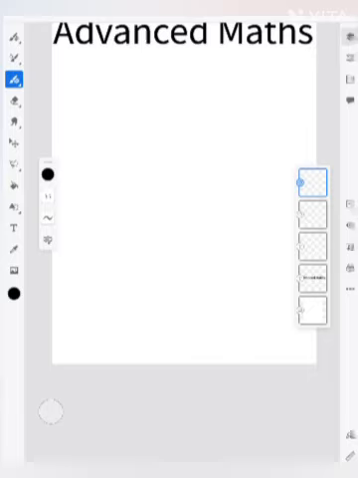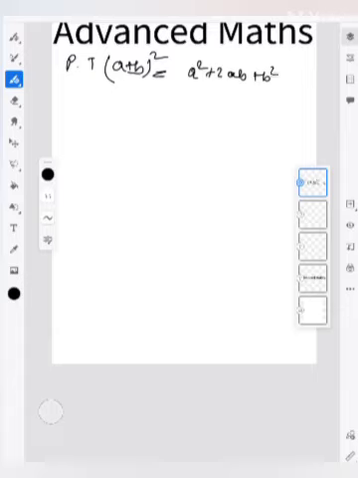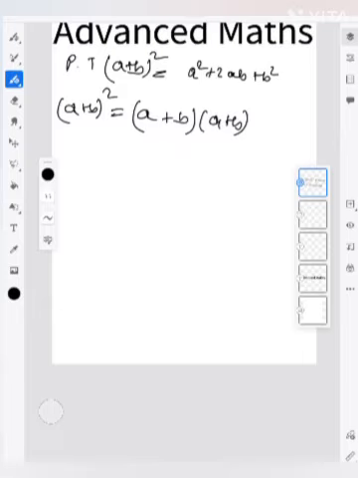Now we will go for the formulas, like prove that a plus b whole square is equal to a square plus 2ab plus b square. We can write a plus b whole square is equal to a plus b times a plus b. If you have those math books, there is always a multiplication form of algebra. When a binomial is multiplied with another binomial, it is important. If you haven't learned that, learn.